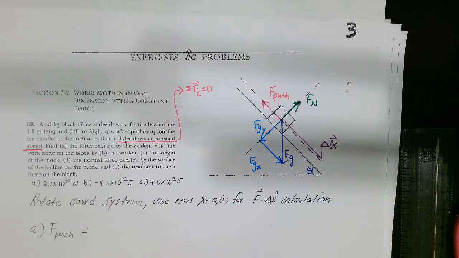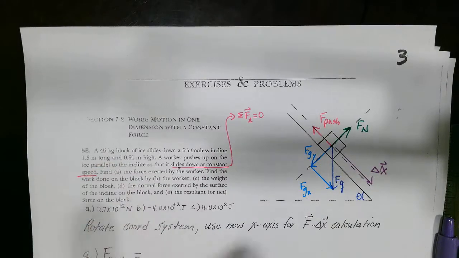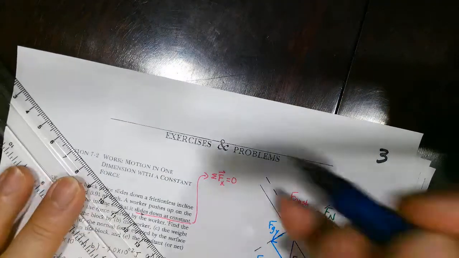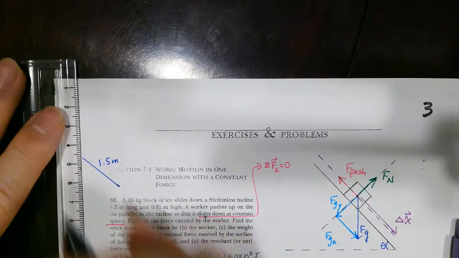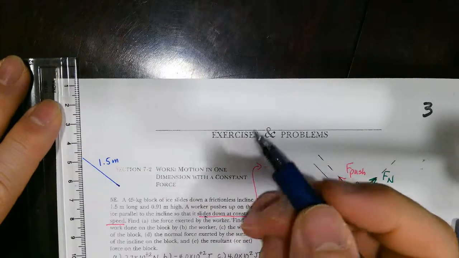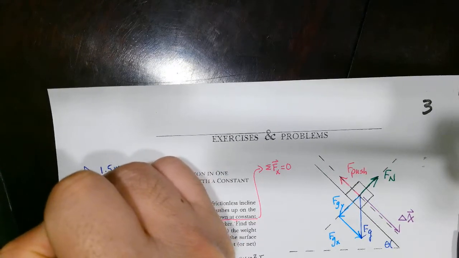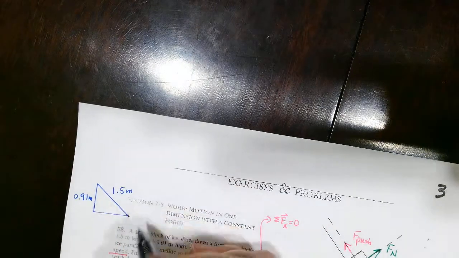All right then. Let's figure out what the angle theta is. Because it looks like from here, this incline itself is 1.5 meters along the incline. So 1.5 meters this way. And the height itself is 0.91. So we could probably figure out what this angle theta is.